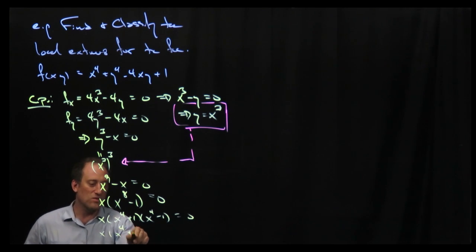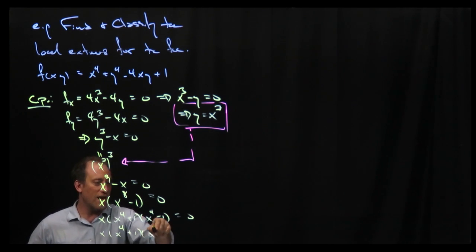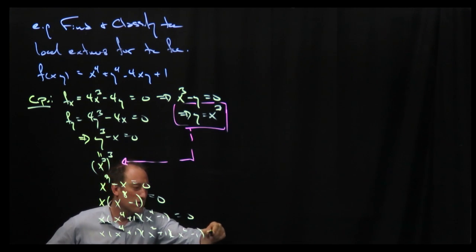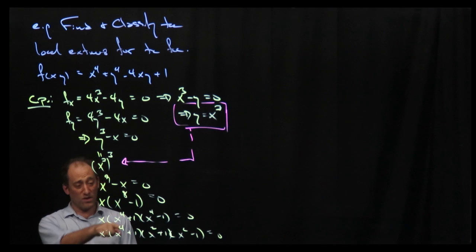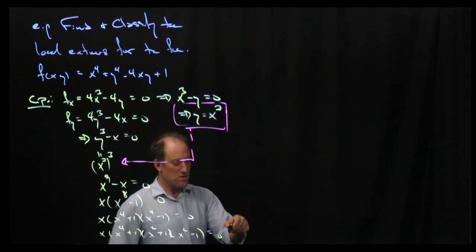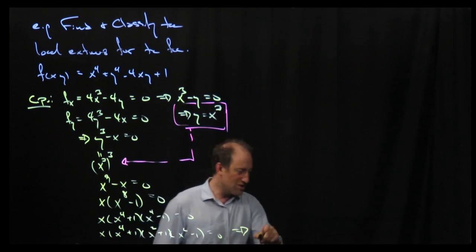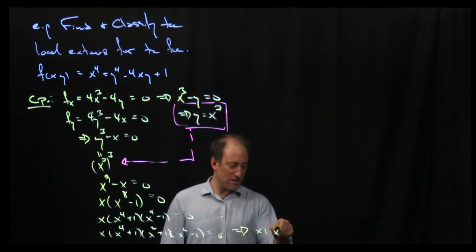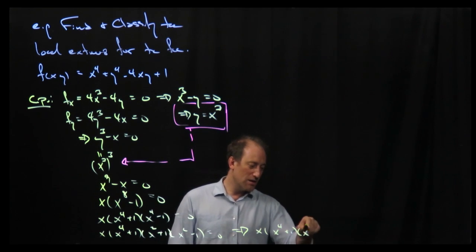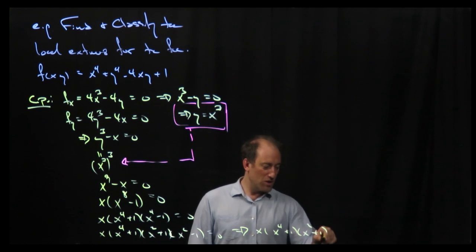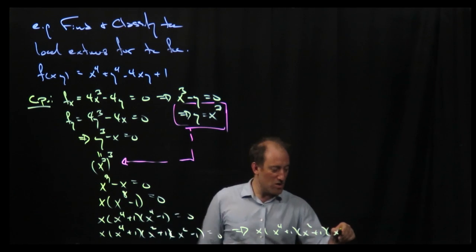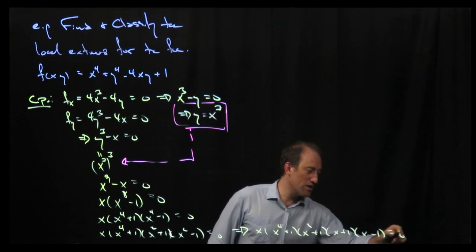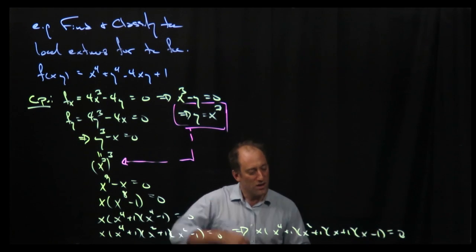I get (x to the 4th plus 1)(x squared plus 1)(x squared minus 1) is 0. This factors once more. And then the x squared minus 1 factors to (x plus 1)(x minus 1) is 0. Just algebra.